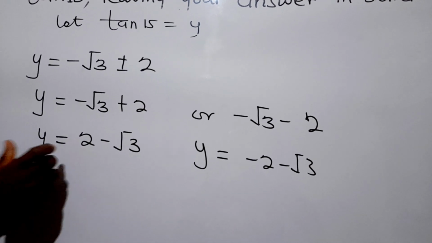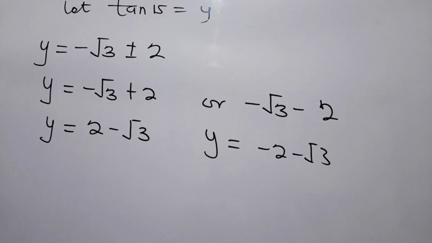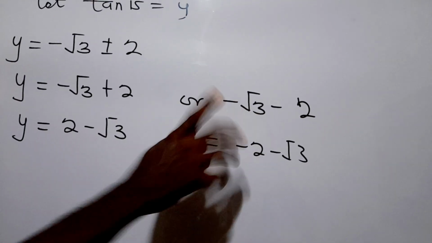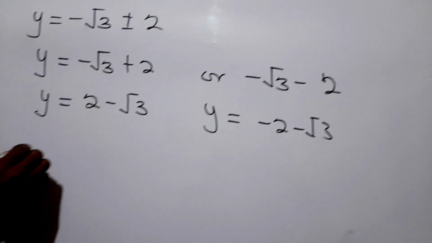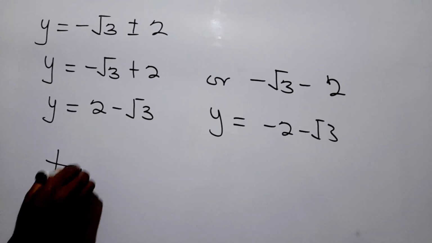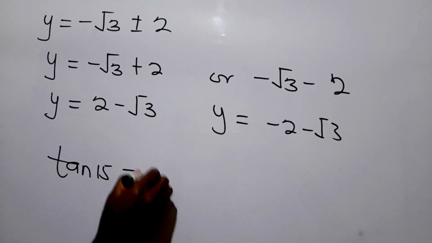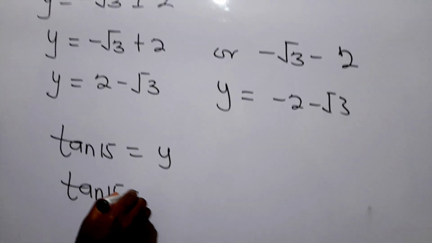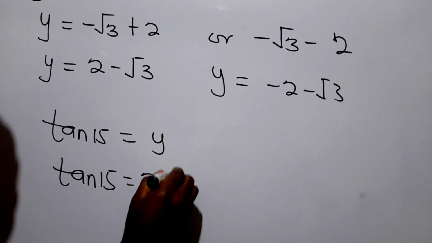So we only take y to be equal to 2 minus root 3, since tan 15 cannot be equal to negative 2 minus root 3. In conclusion, our tan 15, which we said should be equal to y, will be equal to 2 minus root 3.